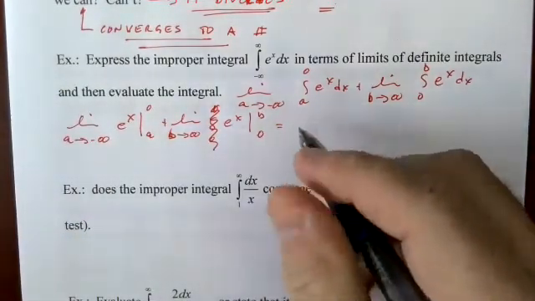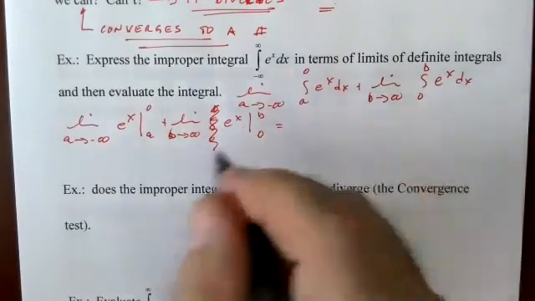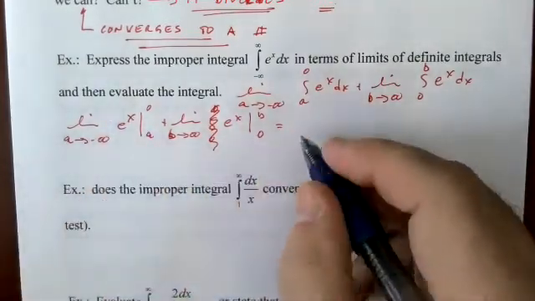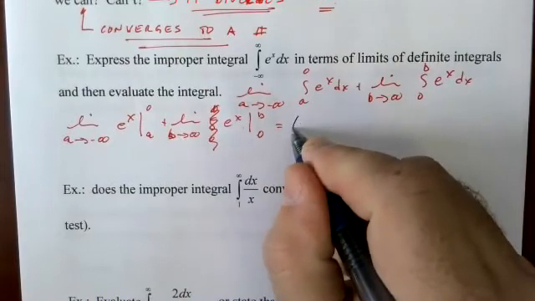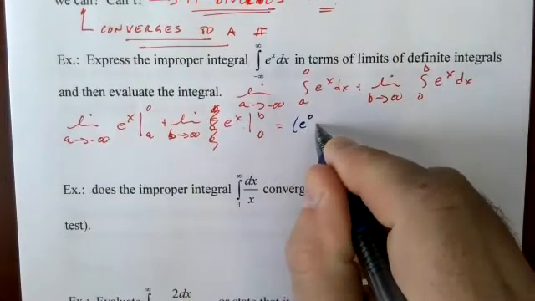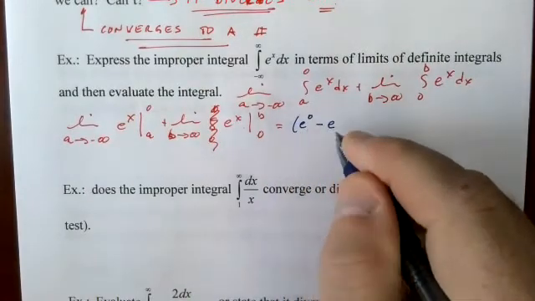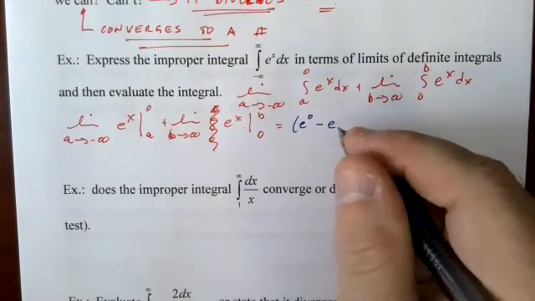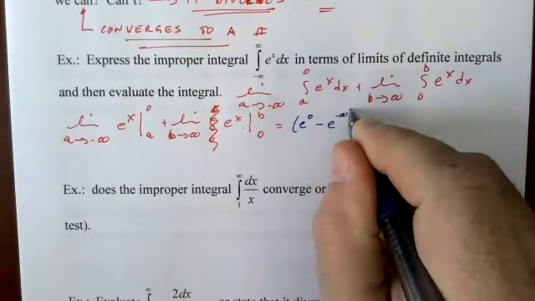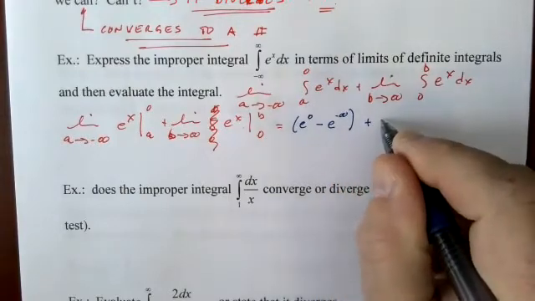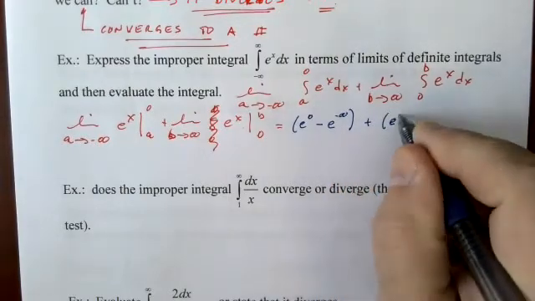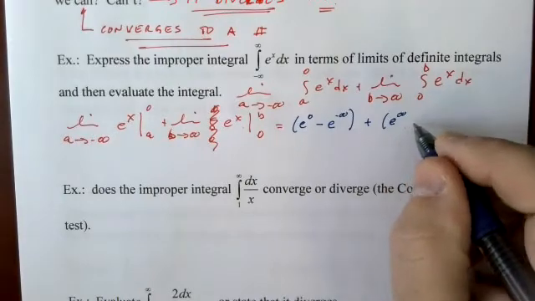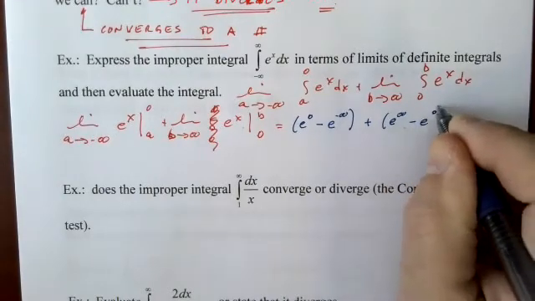And the problem is that we can't always do it. So now we actually plug in. Like, well, then what was that for? No, just leave me alone, okay? e to the 0 minus e to the a, but I know that a is negative infinity, so I'm going to plug it in, negative infinity, plus e to the infinity minus e to the 0.